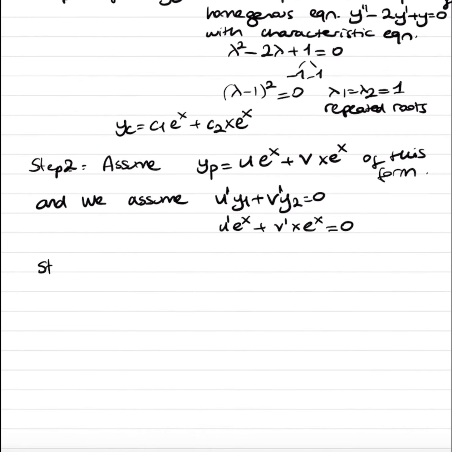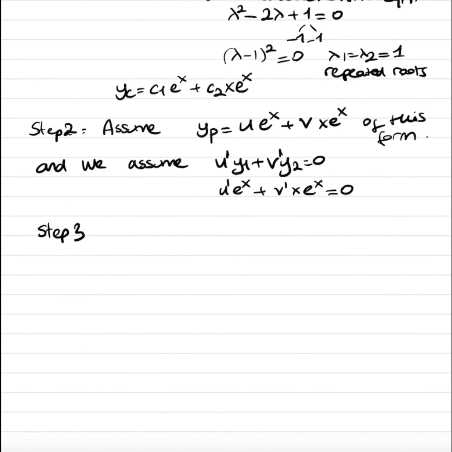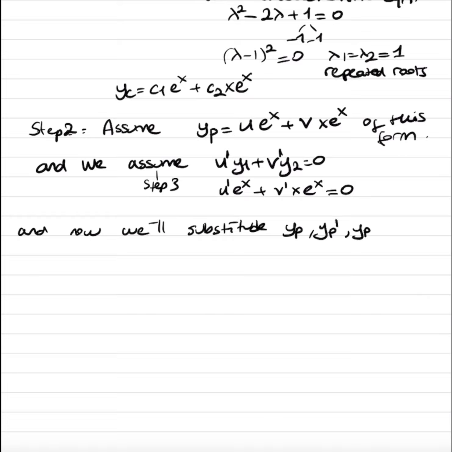And in step 3, oh sorry, I think we assumed this in step 2, but it's okay. Okay, this is step 3. And now we will substitute y particular and its derivatives in the given equation.